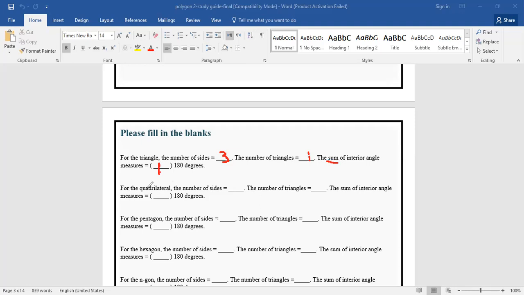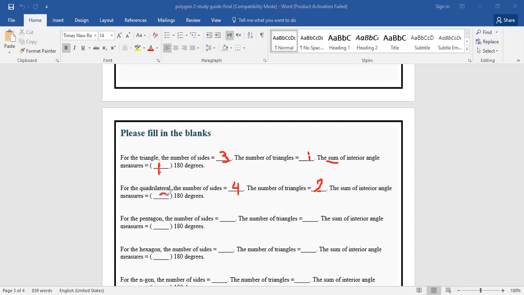Next question. For the quadrilateral, the number of sides is 4, and the number of triangles is 4 subtract 2, so 2. Then the sum will be 2 multiply 180.